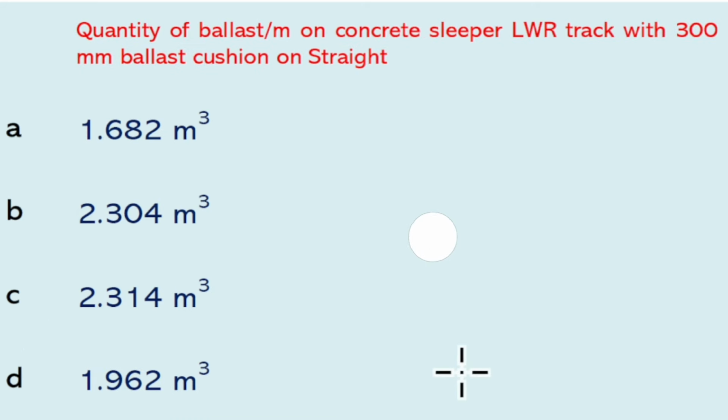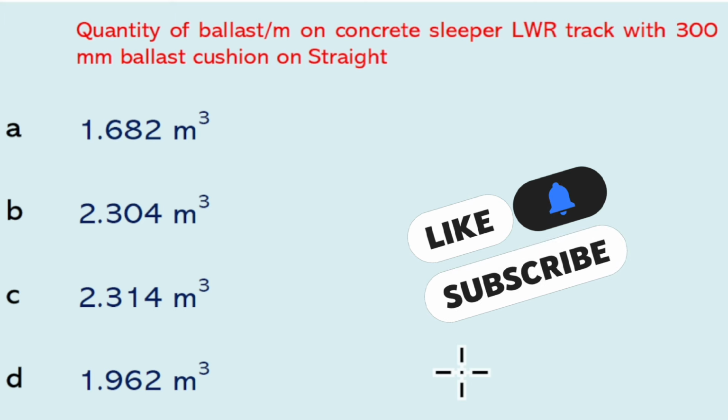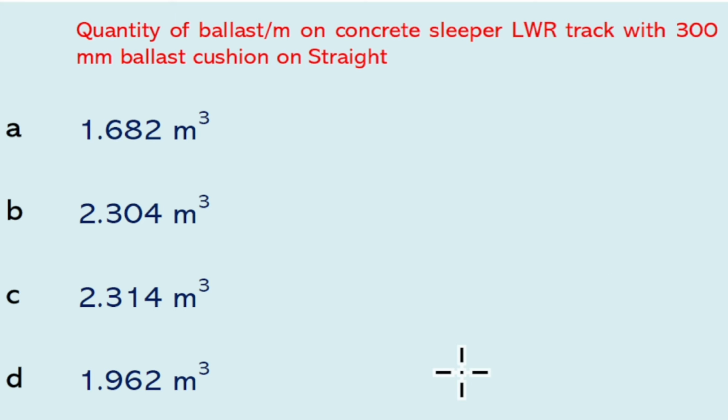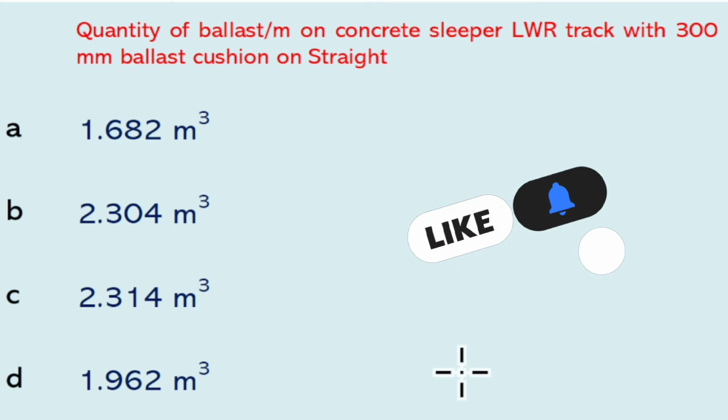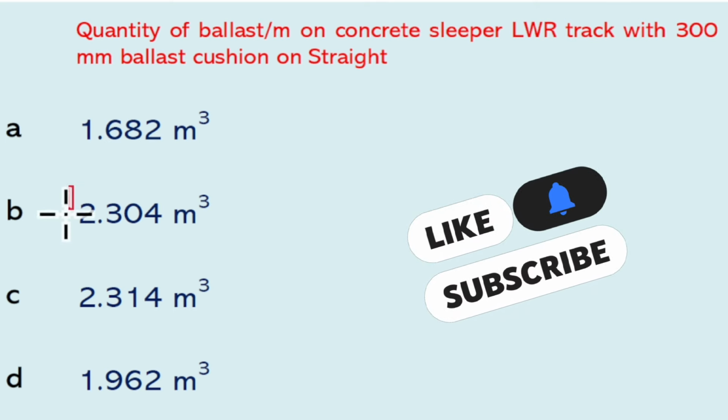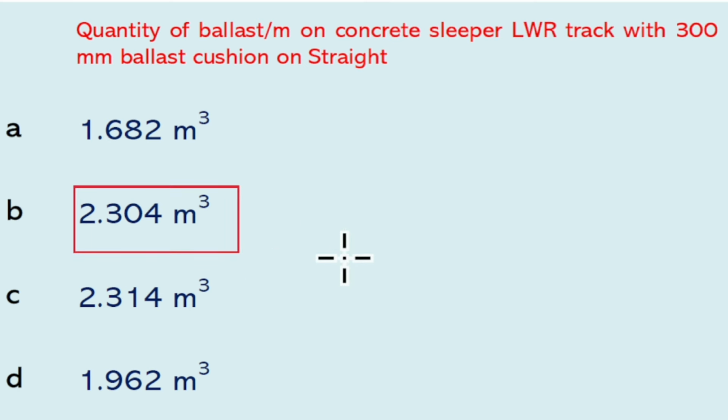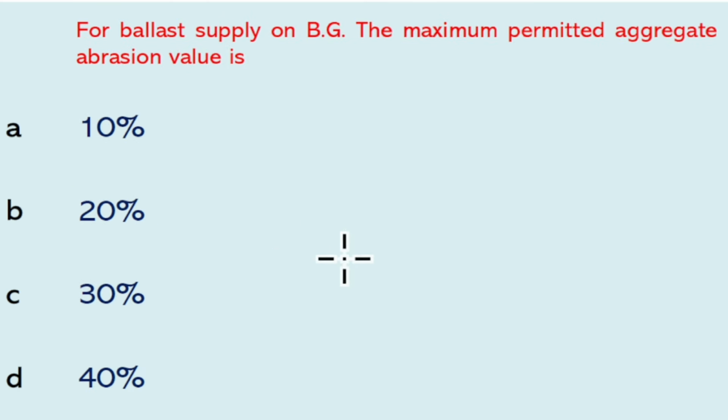Quantity of ballast per meter on concrete sleeper LWR track with 300 mm ballast cushion on a straight track is 2.304 cubic meter. For ballast supply on BG, the maximum permitted aggregate abrasion value is 30%.